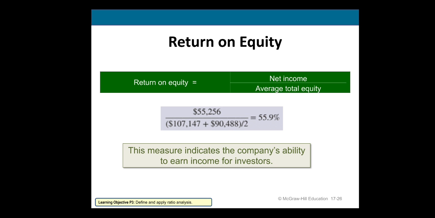That is a very good return. So if you compare two companies, the company with higher return on equity is a company that can generate better profit for every dollar of investment.